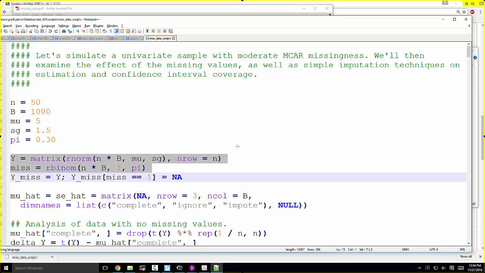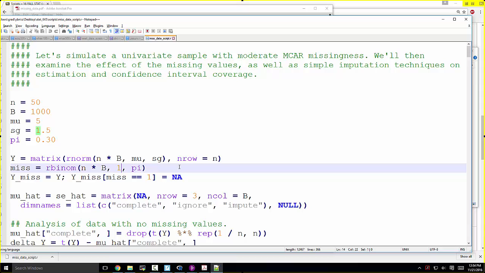Then create a missing indicator, like that capital R from the notes, by essentially flipping a coin that comes up heads with probability 0.3. Give me rbinom, that's random draws from the binomial distribution, 50,000 times. Each time, one draw, or one trial.